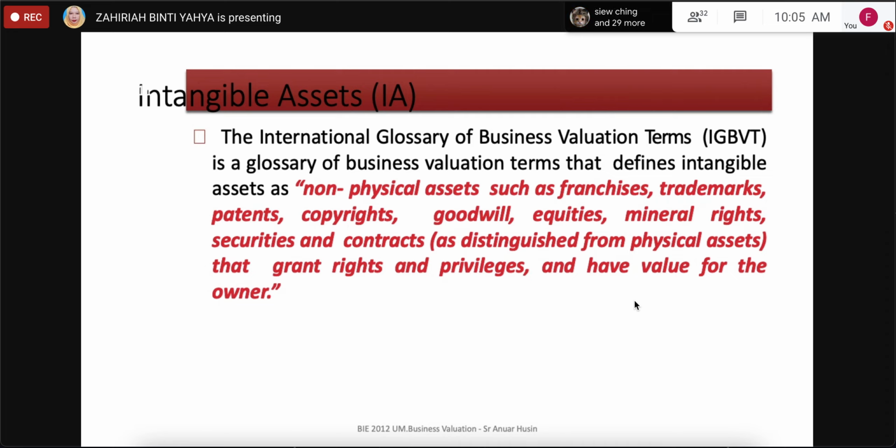You dapat royalty, you dapat income. So boleh value tak? Boleh. Guna apa approach? Guna income approach lah kan?